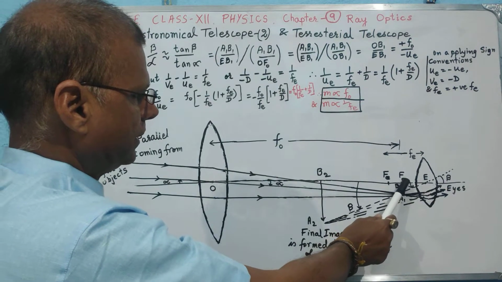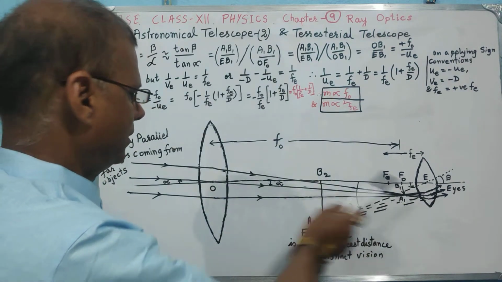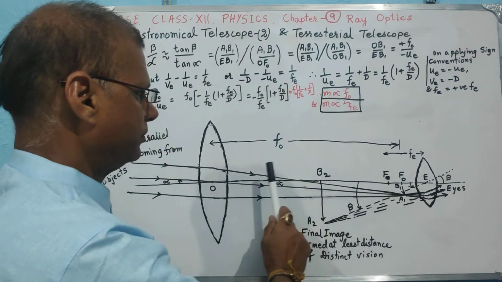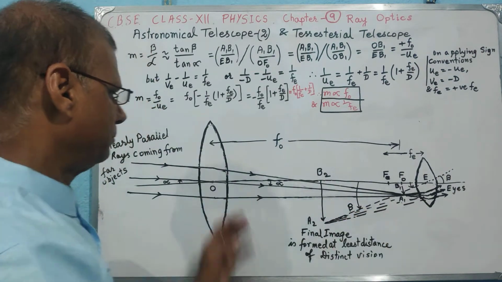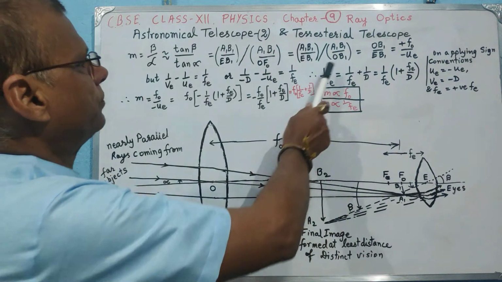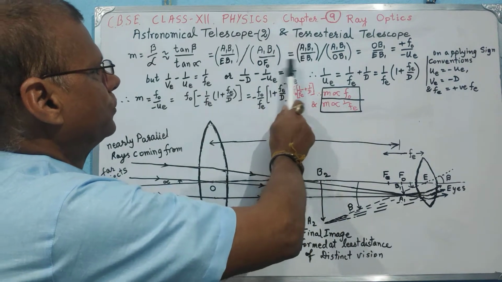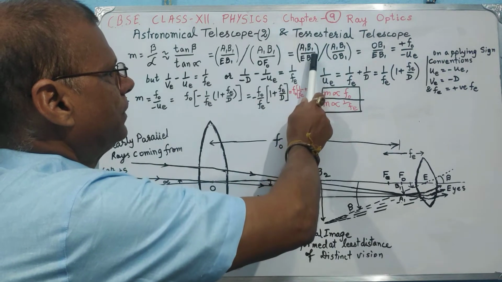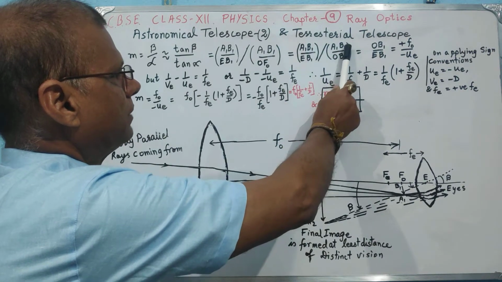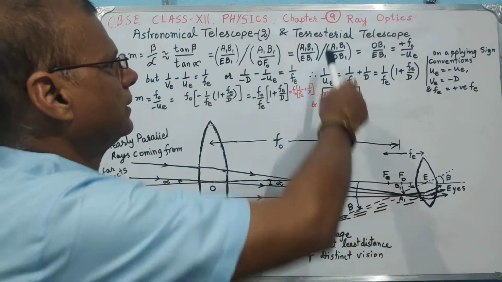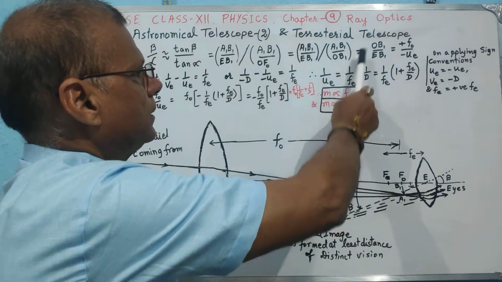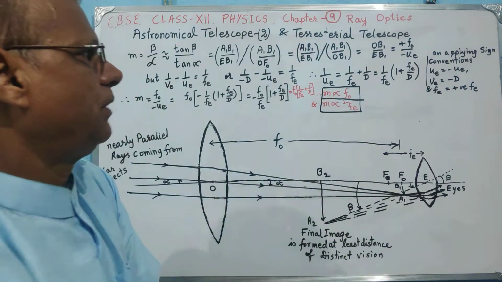B1 is nothing but the location of the focus of the objective, so we can also write OB1 as FO. So we have A1B1 by EB1 divided by A1B1 by OB1. A1B1 cancels out and it becomes OB1 divided by EB1.